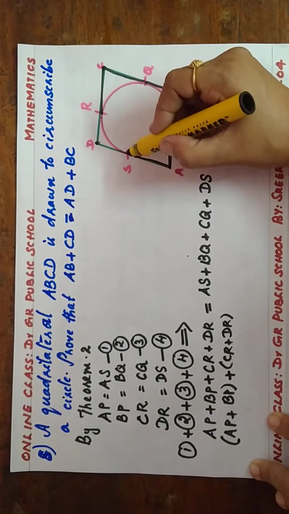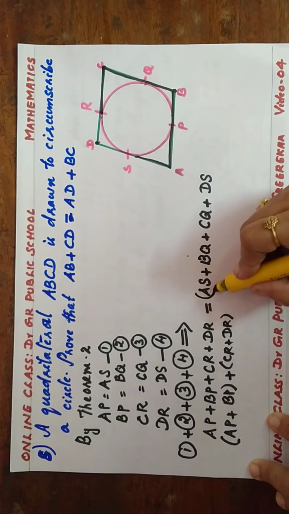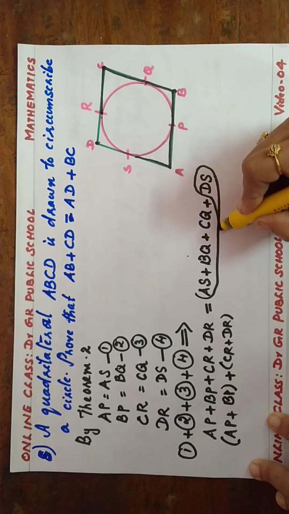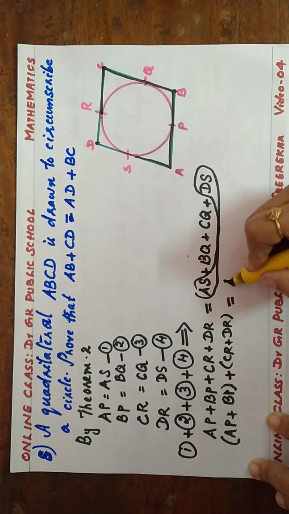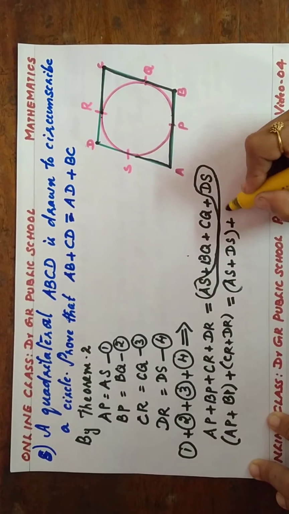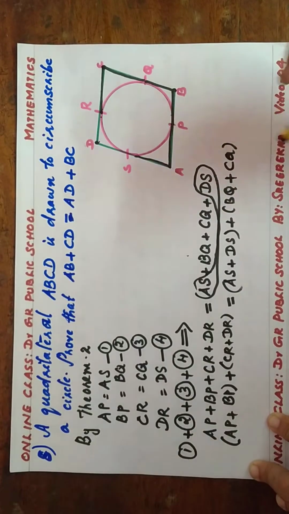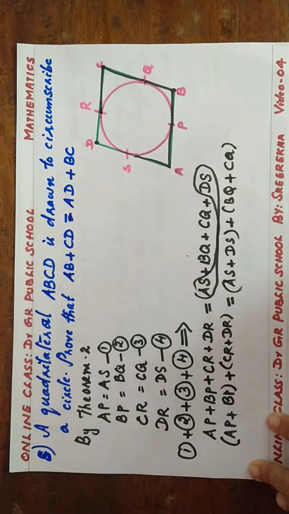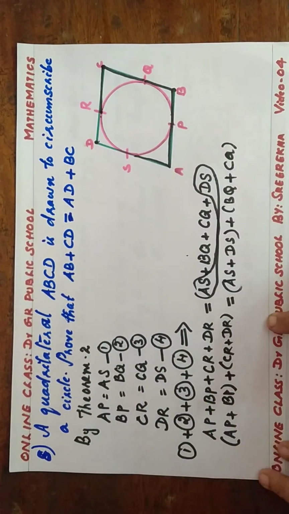AS plus DS, if I can find that, I can write it as AD. So I am going to group these two. AS plus DS in one bracket, and the remaining BQ plus CQ in the other bracket. I hope all of you understand how we group this. Group in such a way that, looking at the final result, you need to group.